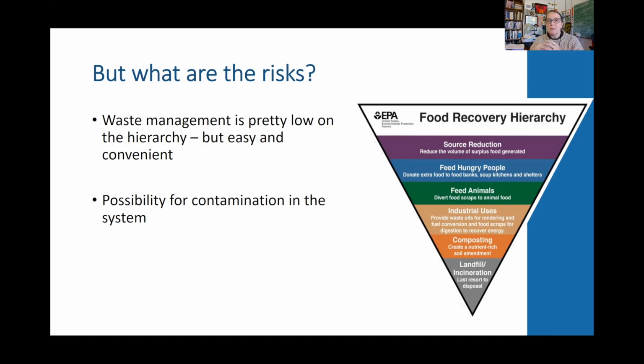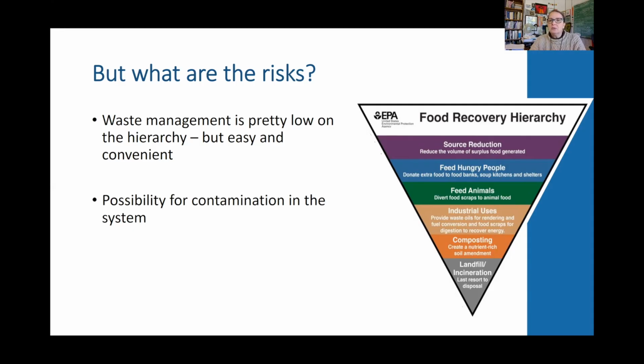It's higher than composting and it's higher than landfill and incineration. However, it's a lot easier to send all of your food waste to one place and aim a little bit lower on the hierarchy. So one risk to setting up systems that actually do recover the compost and the nutrients from the waste is that it kind of competes with the higher level uses of food waste.